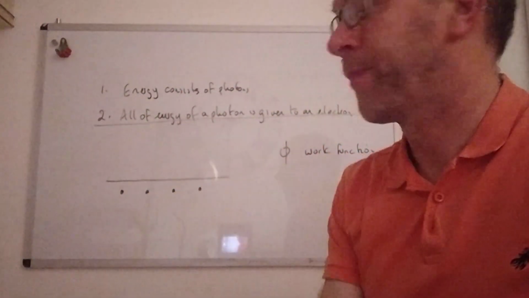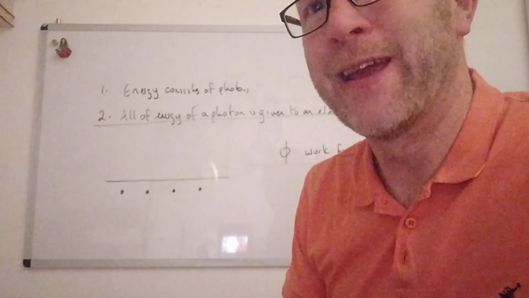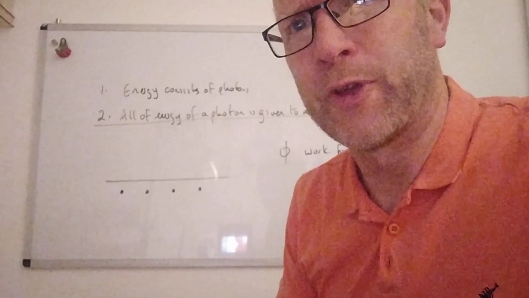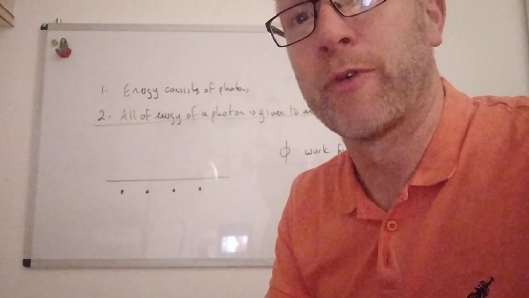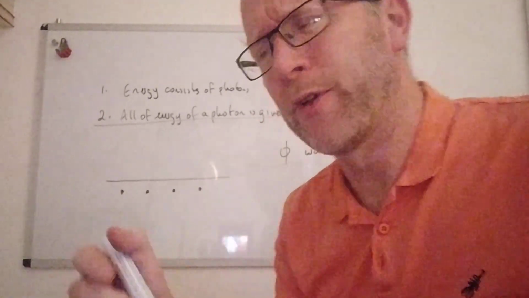Now, the second thing was that the energy of a photon of light is proportional to the frequency, proportional to the color of the light, and so on. We've already looked at that when we were doing waves: the energy was dependent on frequency.